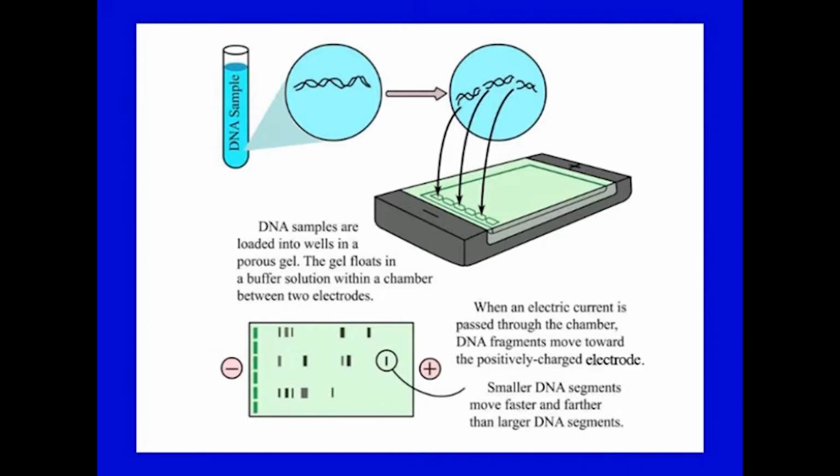Then there are two electrodes, negative and positive. It is run in the gel apparatus, and what you get is a banding pattern. Since your DNA fragments are negatively charged, they move towards the positively charged electrode. The smaller DNA fragments move faster than the larger DNA fragments, and separation takes place on that basis.